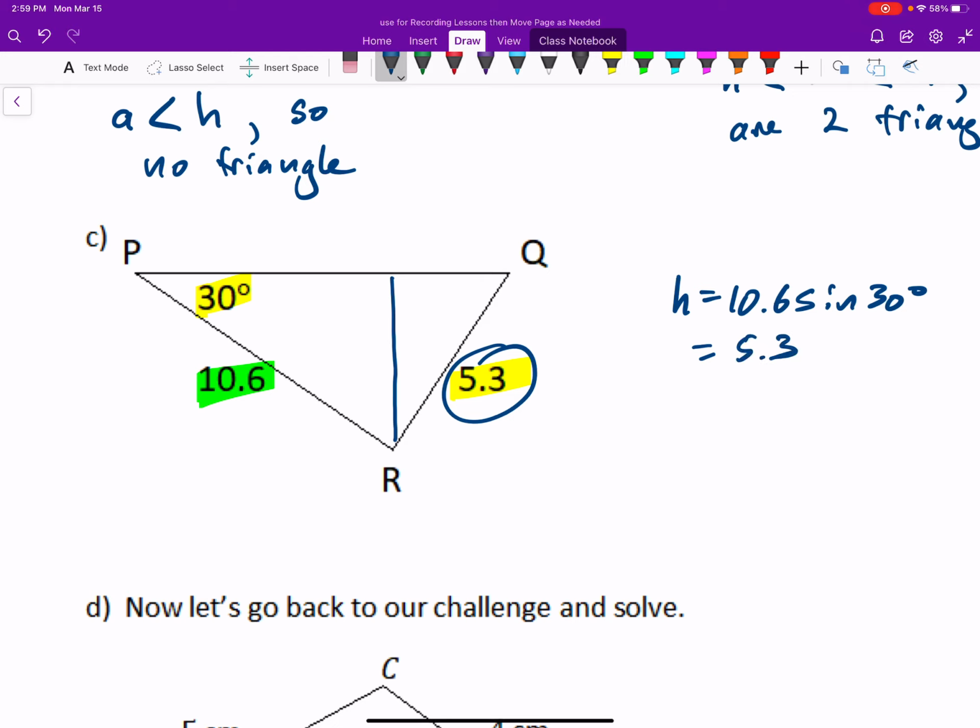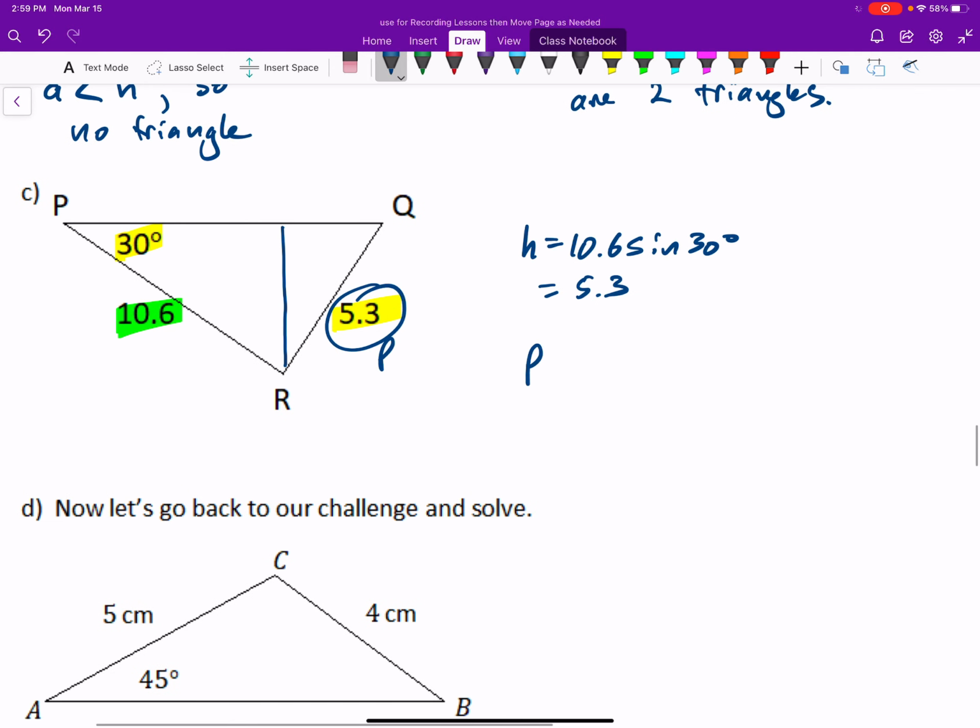And that is the same as what little p is. So this is one of those cases where the comparison side is the same as the height, so it's going to form one right triangle.